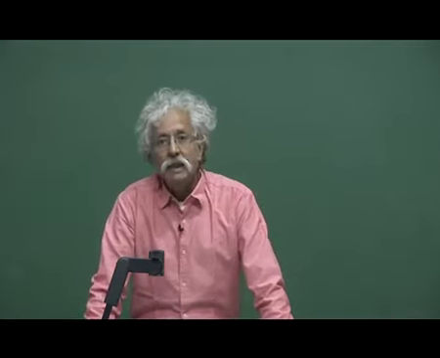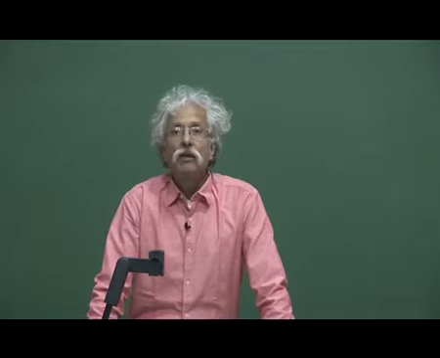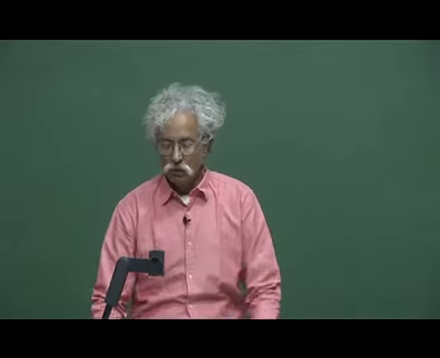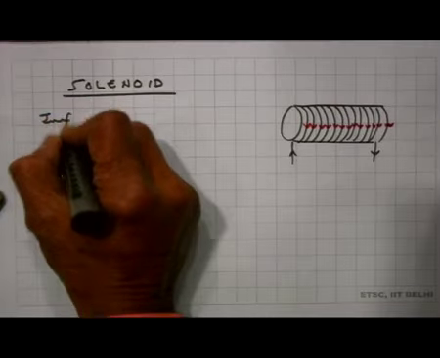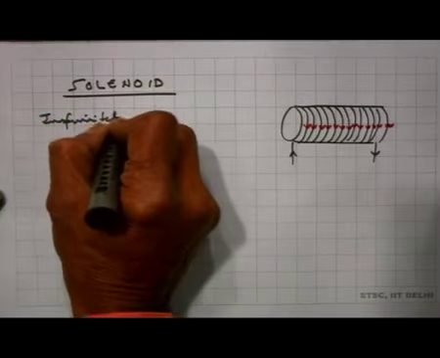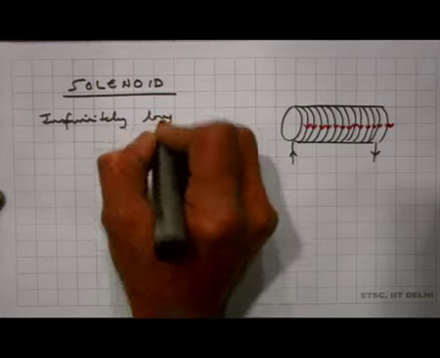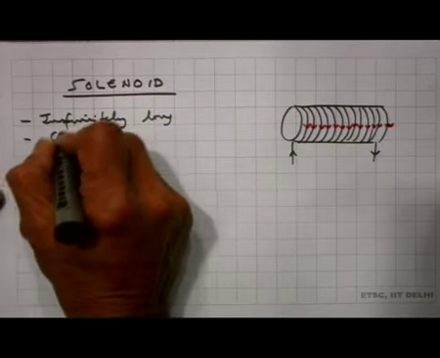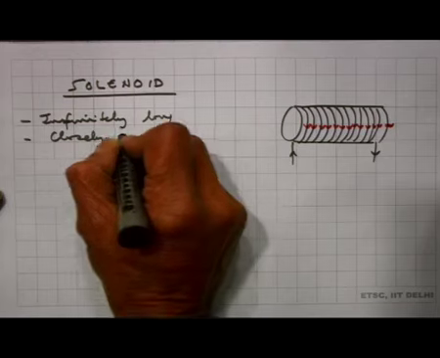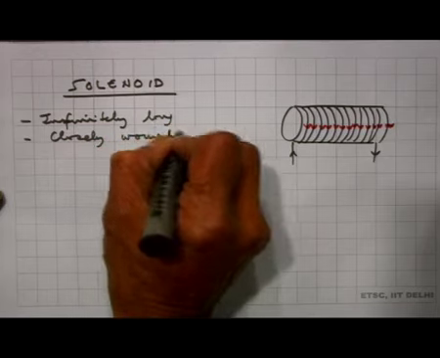So, we started looking at using Ampere's law to obtain the magnetic field produced by such a solenoid. We will consider an infinitely long, closely wound solenoid.